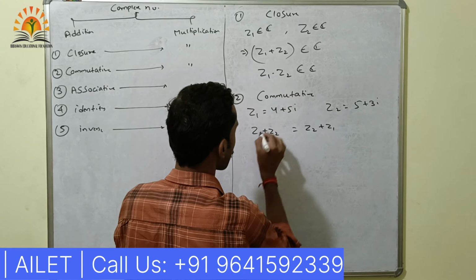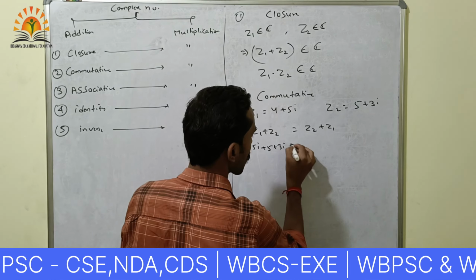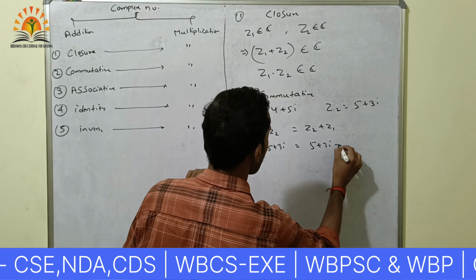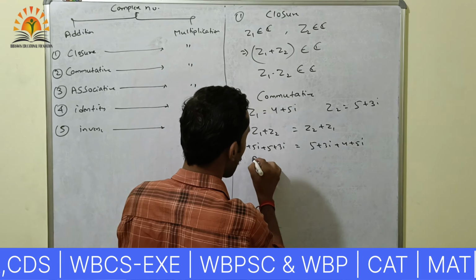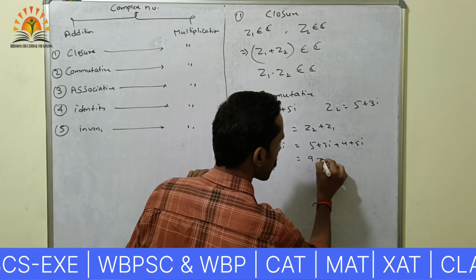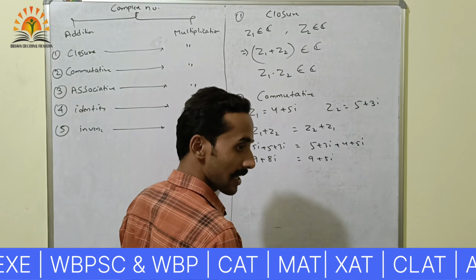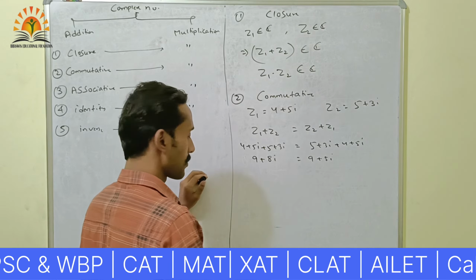We can check: 4 plus 5 iota plus 5 plus 3 iota, or 5 plus 3 iota plus 4 plus 5 iota, becomes 9 plus 8 iota. It also becomes 9 plus 8 iota. The results are the same, so this is known as the commutative property.